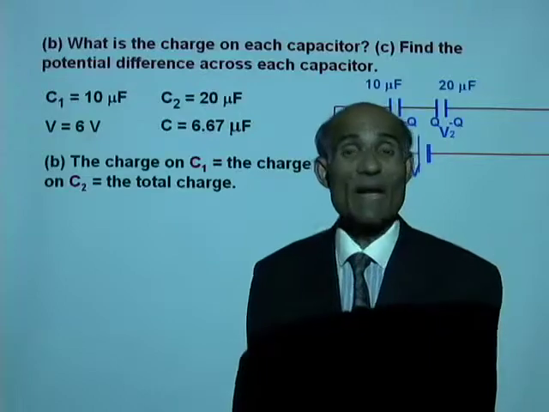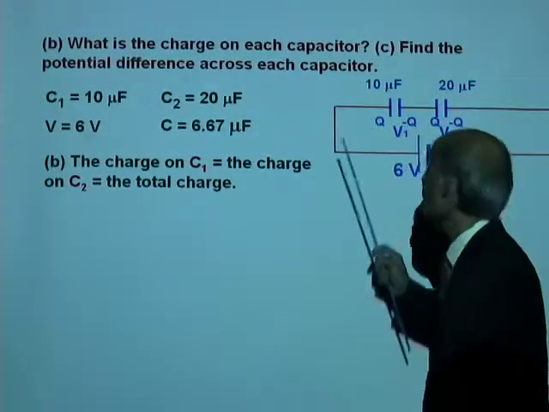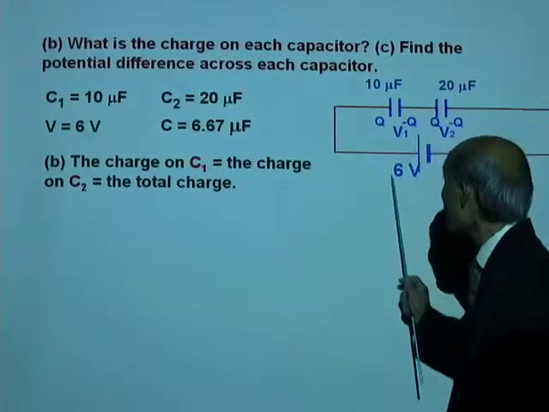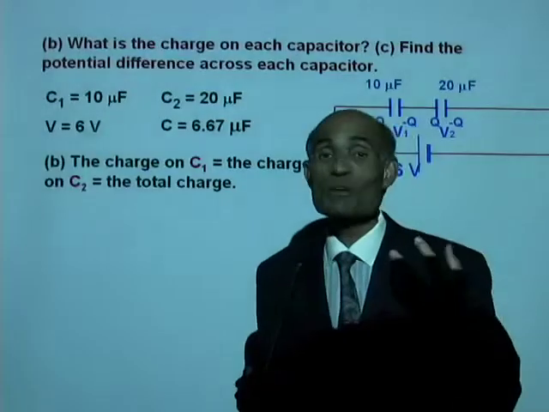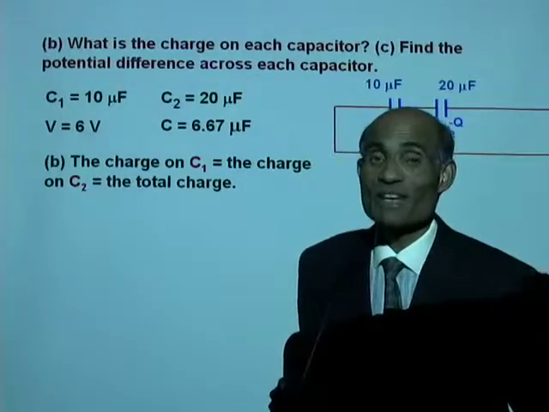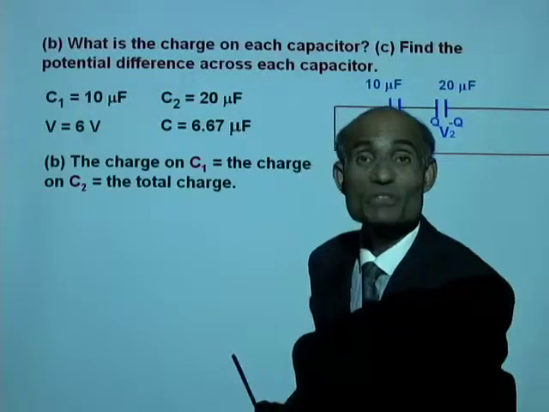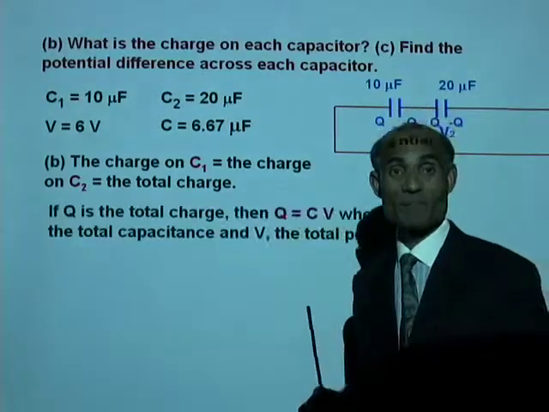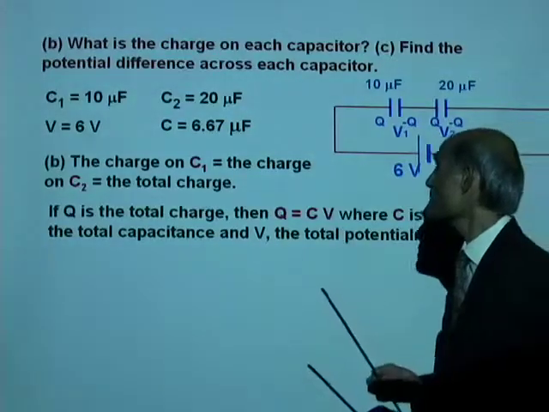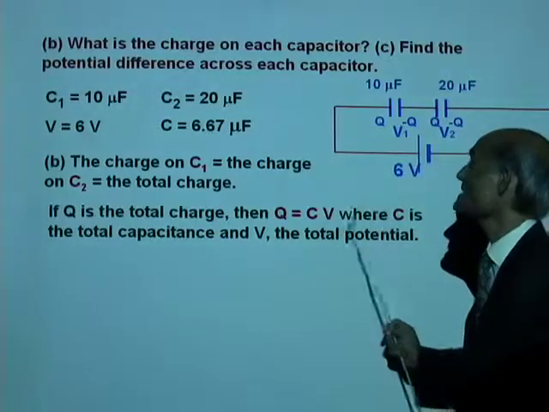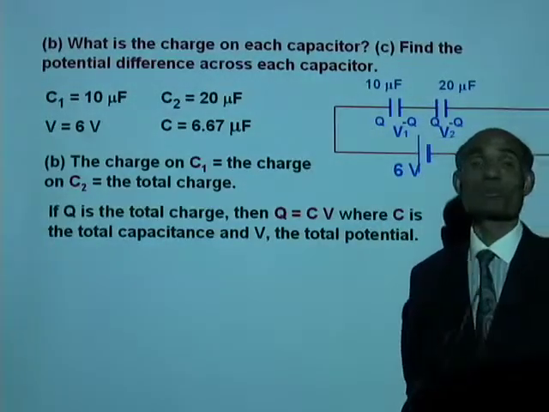Well, yes, there is a way. What is it? We know the total capacitance. We know the total voltage. Well, if you know the total capacitance and the total voltage, can you find the total charge? Yes, Q equals CV. If Q is the total charge, then Q equals CV, where C is the total capacitance and V is the total potential.